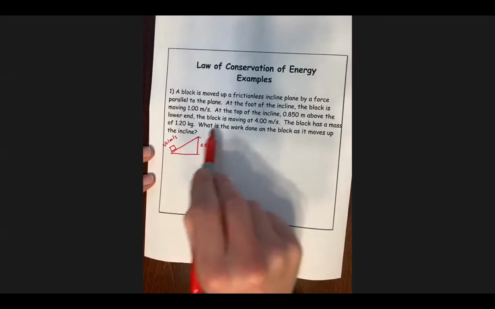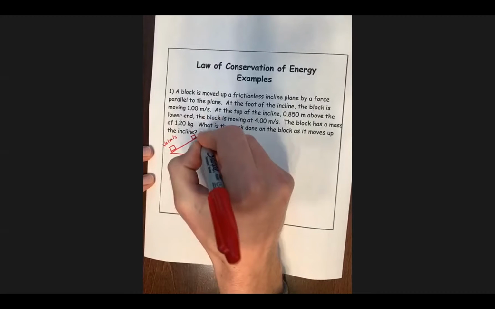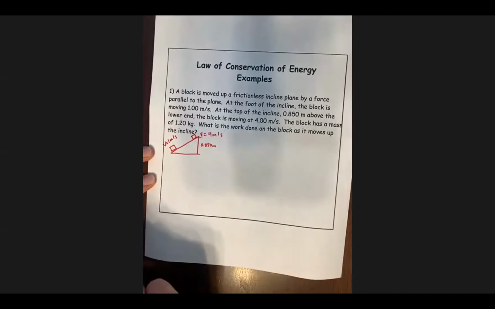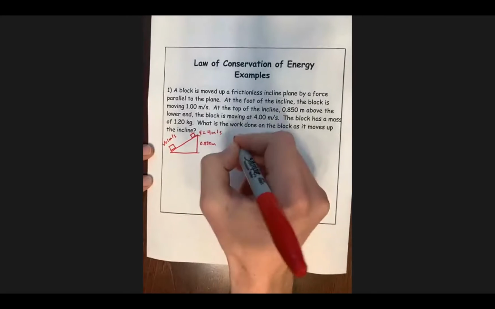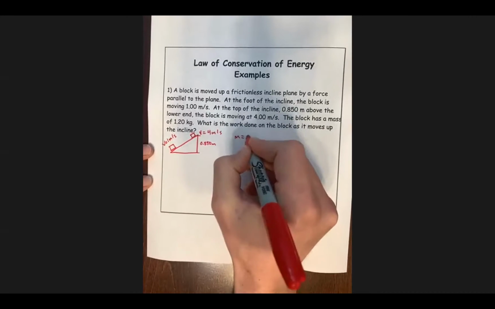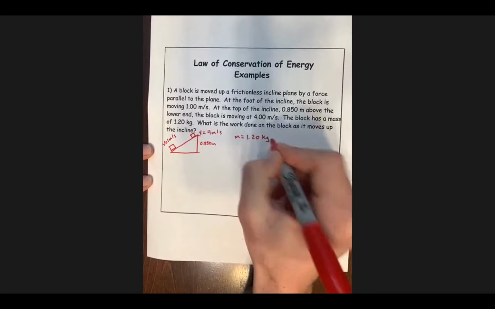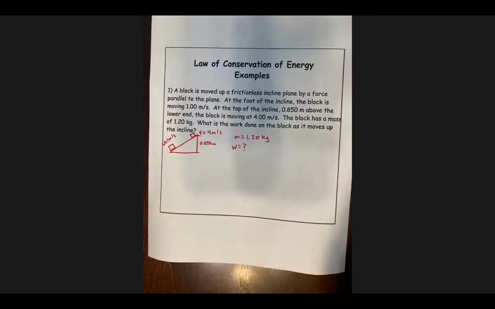Once we push this block up the incline, we're changing the velocity. So up here, the velocity is equal to 4 meters per second. We know the mass of the block is 1.20 kilograms, and we are asking what is the work done on the block as it moves up the incline.